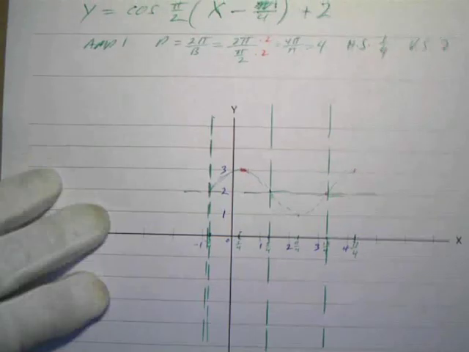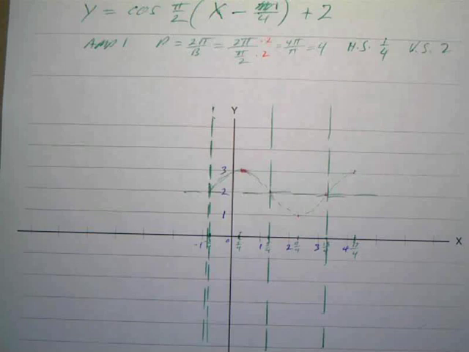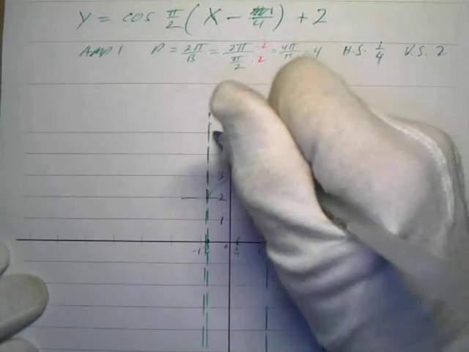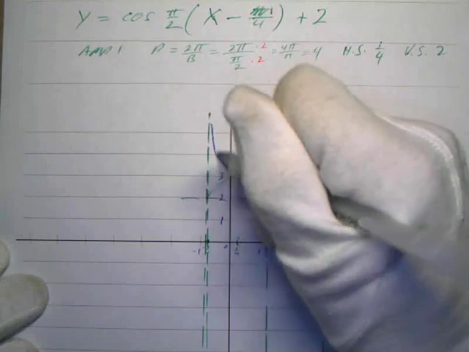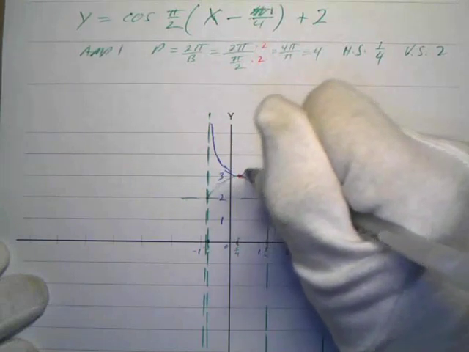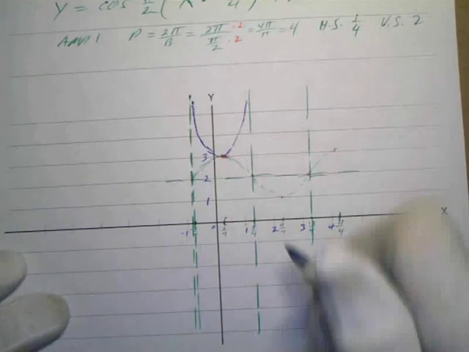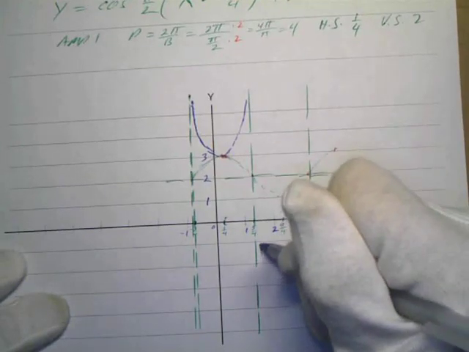So let's take a look at that. Those are our asymptotes, and then we'll draw our secant. It's going to hug those asymptotes, come right down here, and then it's going to come down the other way.